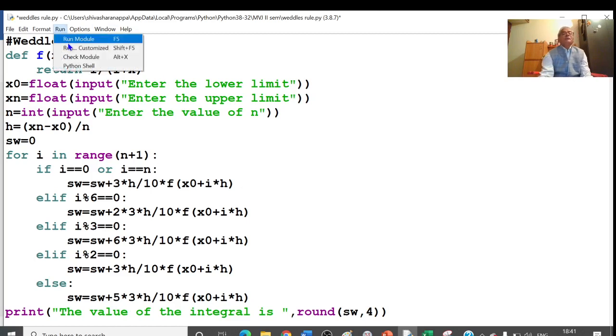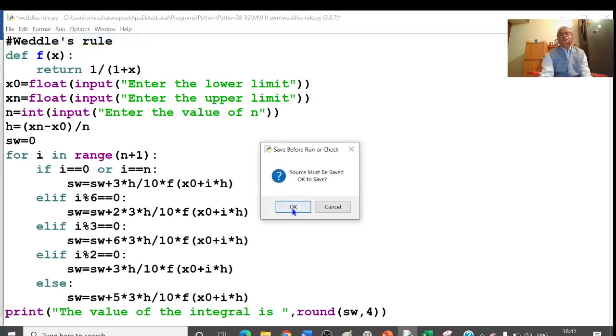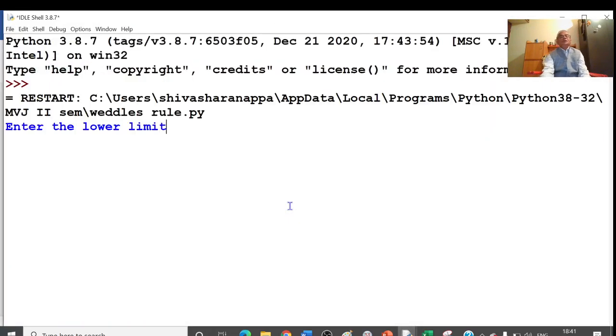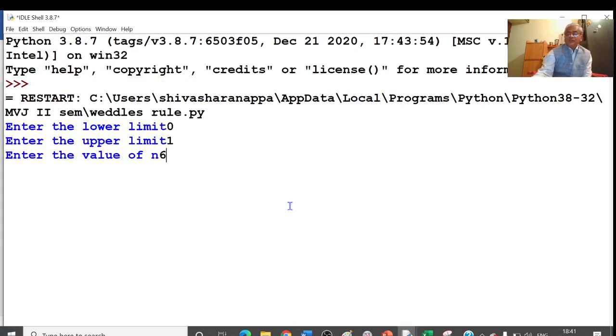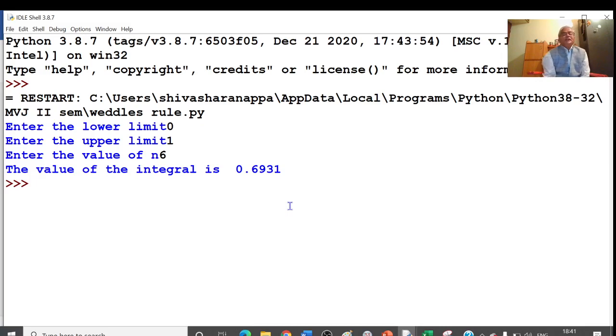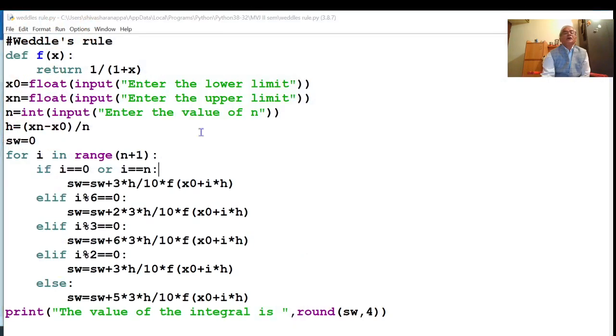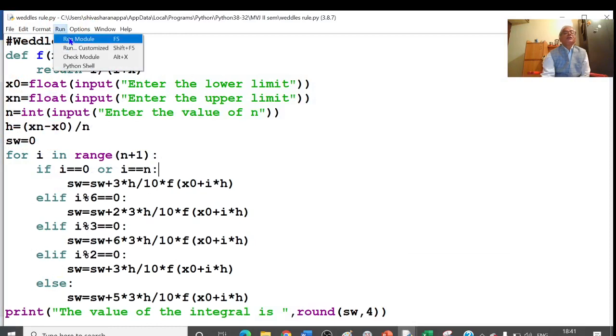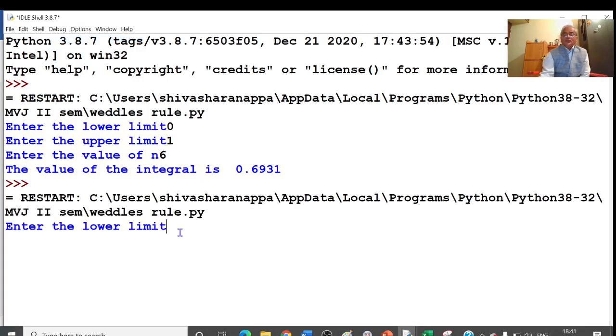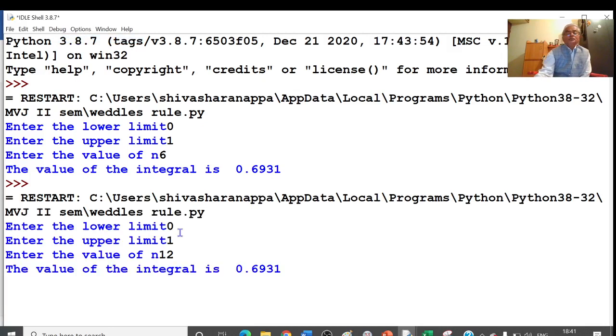Running this program. Enter the lower limit 0, enter the upper limit 1, enter the subdivision 6, 0.6931. Once again, if I run this program with a different value of n, lower limit 0, upper limit is 1, and I will enter n equal to 12 here, 0.6931.